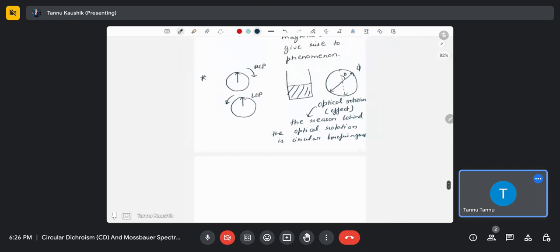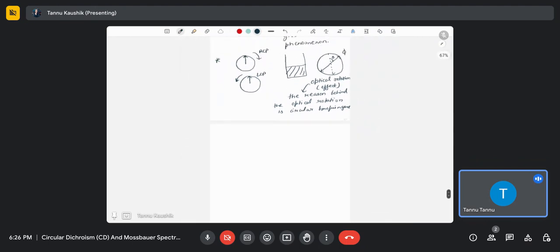So here two phenomena are taking place together. One is the effect of optical rotation, and the other effect is ellipticity effect. That is, optical rotation phenomena is related to the speed of light with which a particular right hand circularly polarized light or a left hand circularly polarized light interacts and is rotated by the chiral molecule in the sample.